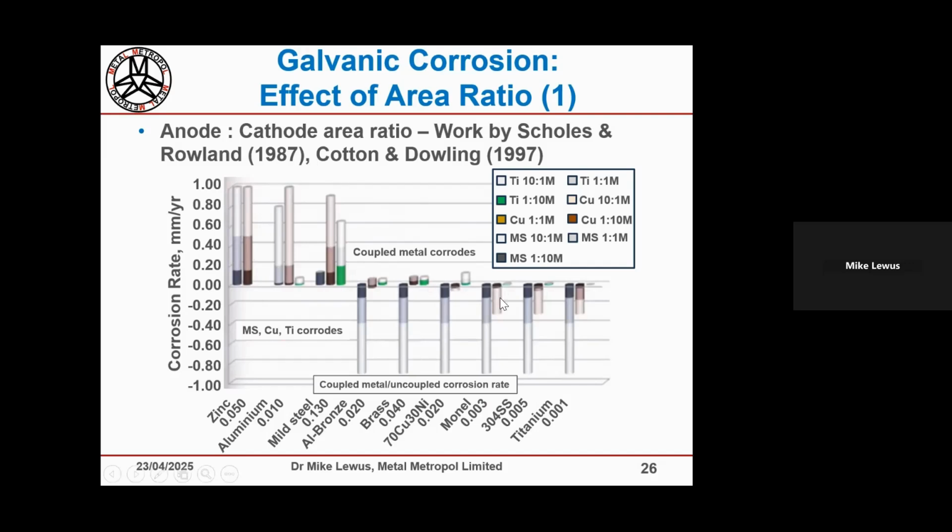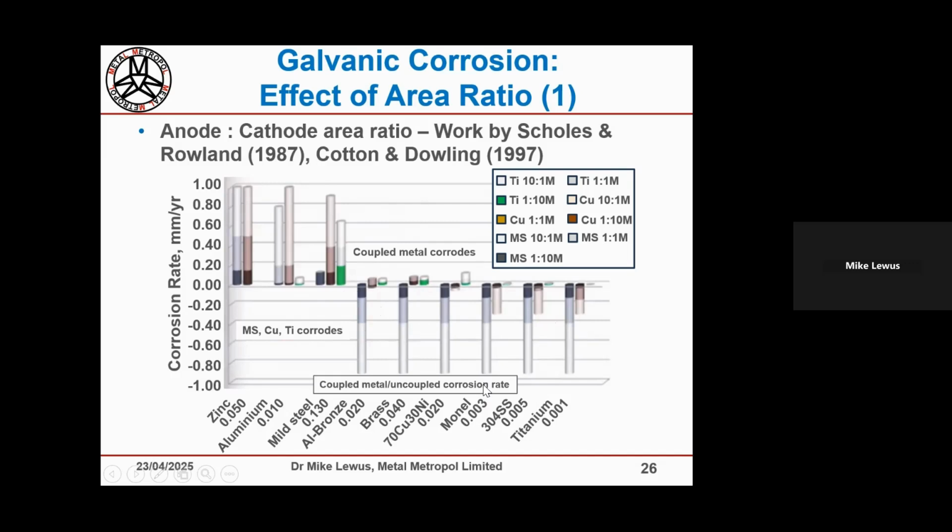So there's one or two interconnected points there. As you can see, as we move to aluminium and mild steel, some of these come down a bit. As soon as we go to aluminium bronze, what we find is that the mild steel and the copper are corroding more. Well, the mild steel's corroding for the most part on all of them, which is what I was saying earlier.